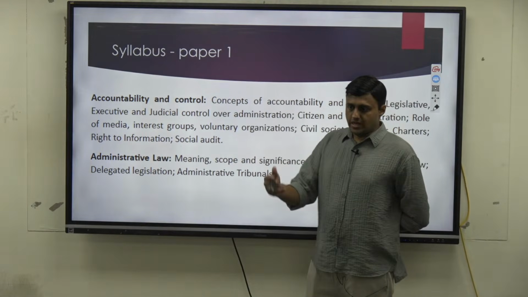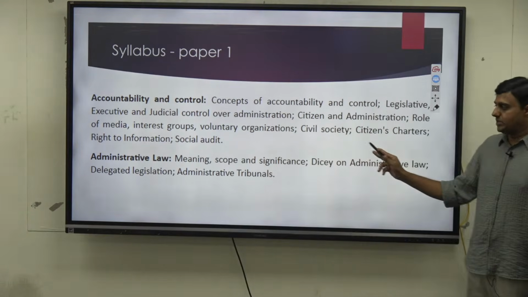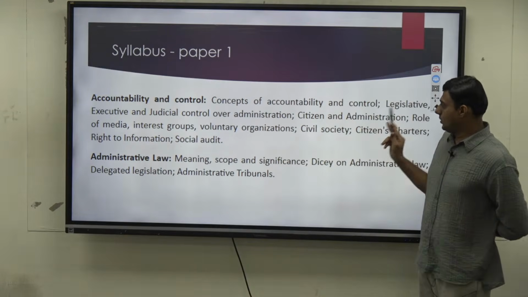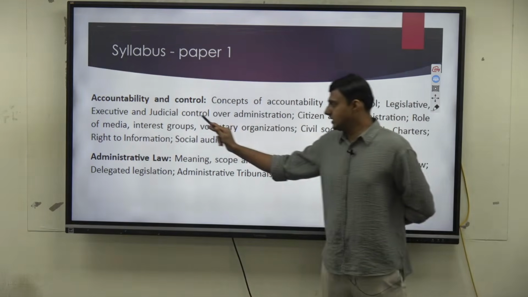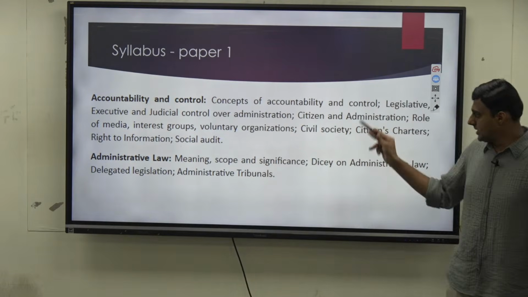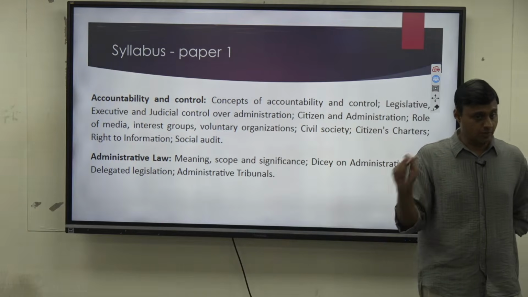Right to Information, RTI Act, Social Audit, Civil Society, NGOs, Citizens Charter, Accountability, Pressure Groups. Where is the word? They have used a word called interest groups. All these, that one chapter, is your entire governance in GS paper 2.